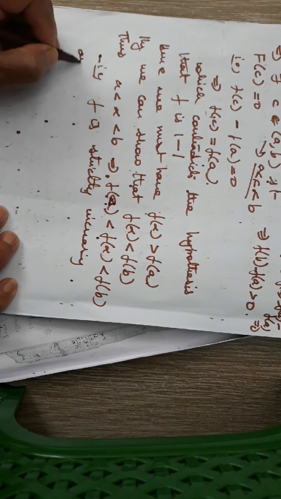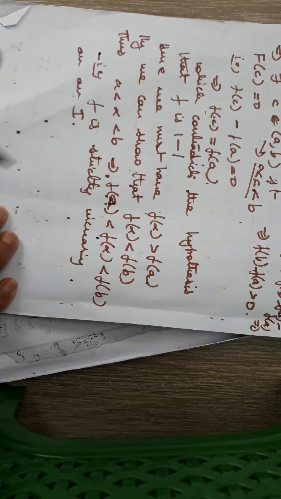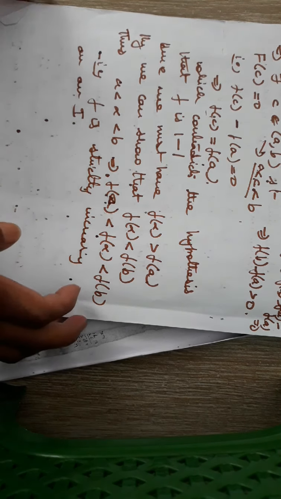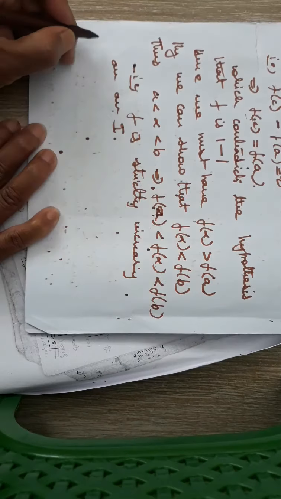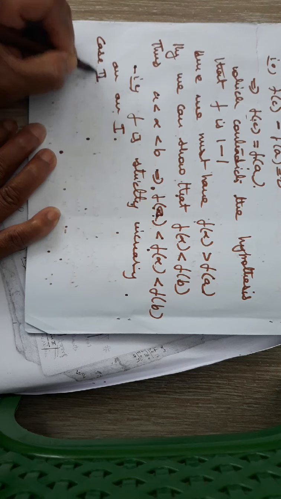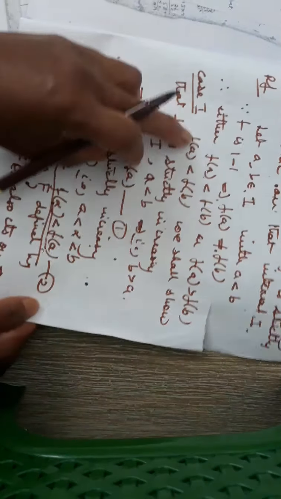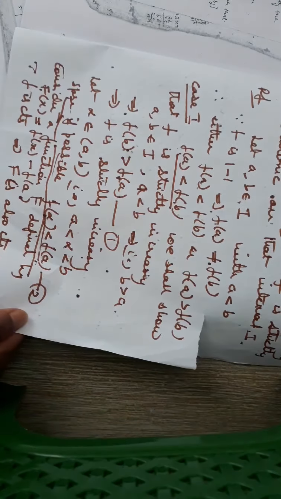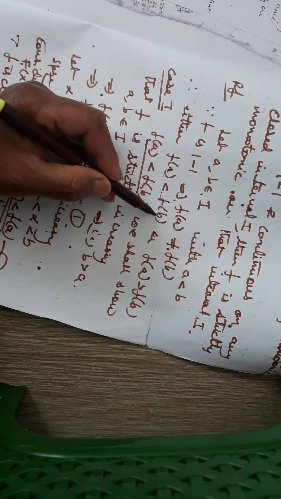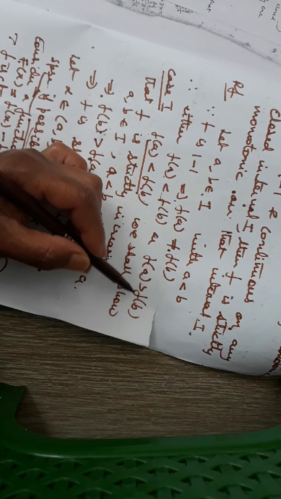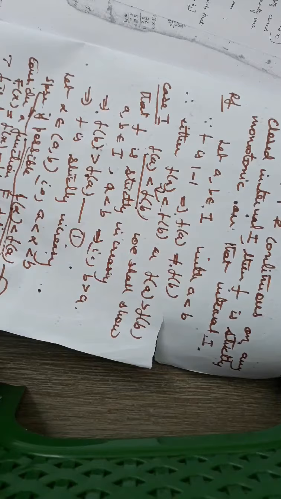on an interval I. Similarly, in the same way, in case 2 here, what is case 1? In case 1, we assume f of A is less than f of B, because either f of A is less than f of B or f of A is greater than f of B. First, in case 1, I consider this.